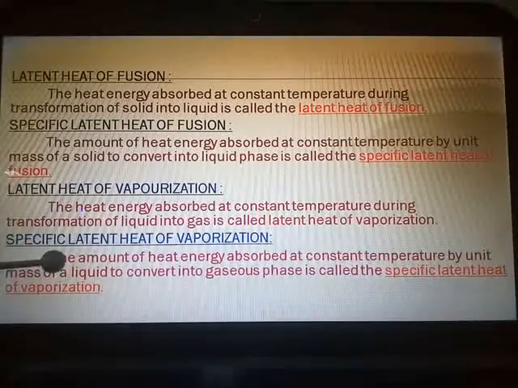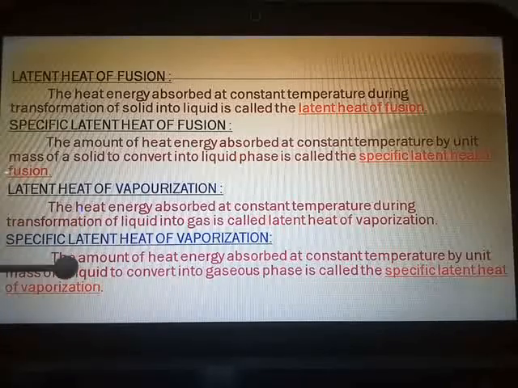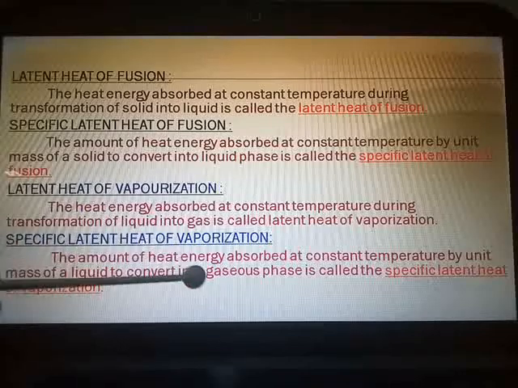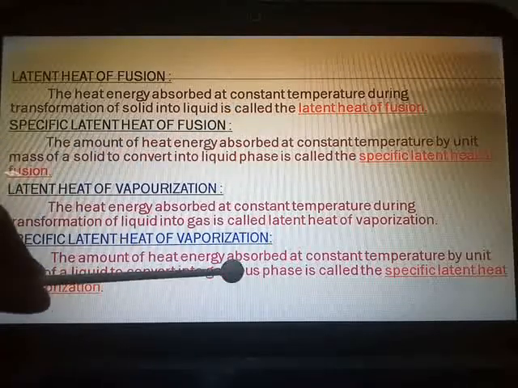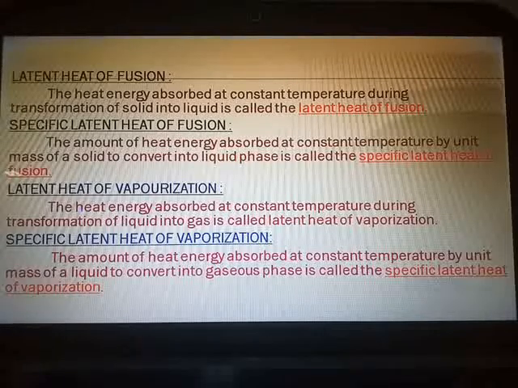And the amount of heat energy absorbed at a constant temperature by unit mass of a liquid to convert into the gaseous phase is called specific latent heat of vaporization. I hope you have understood the first concept, that is latent heat.